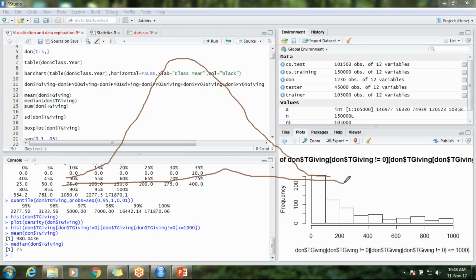In this bell curve, I know that most of my distribution is concentrated around my mean value, and most of my population is somewhere near this. So in this case, I can replace it with the mean value. But here it was not the case. My distribution was somewhat different.